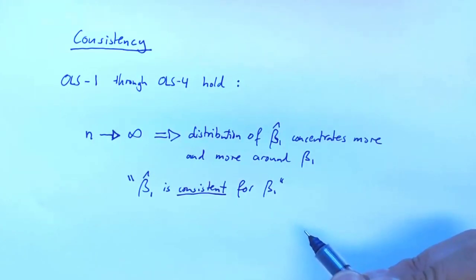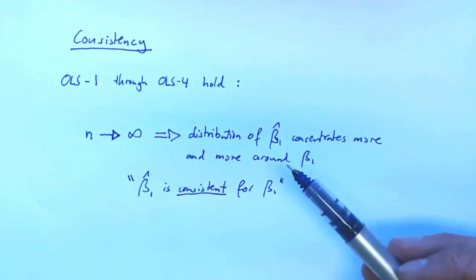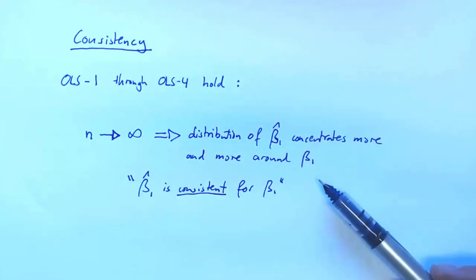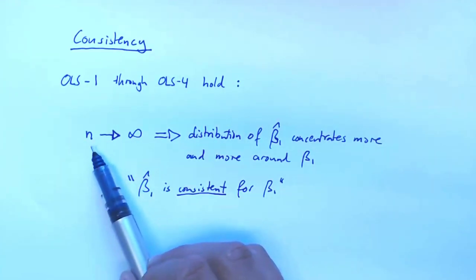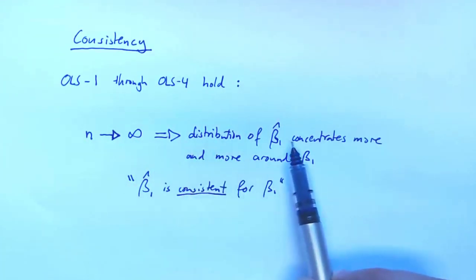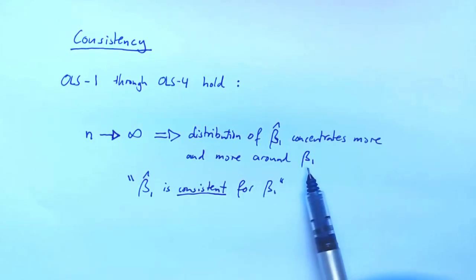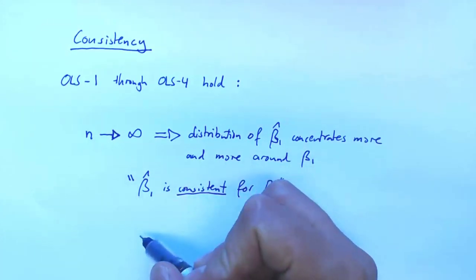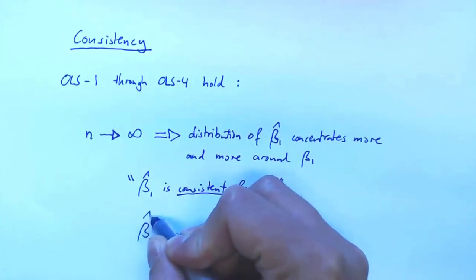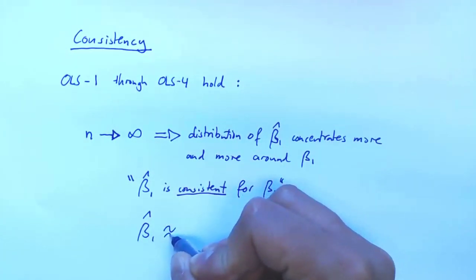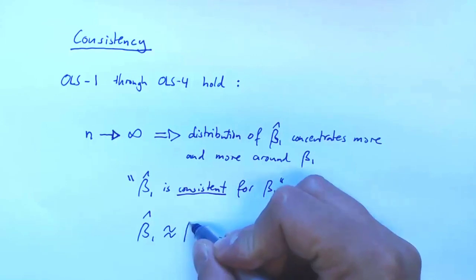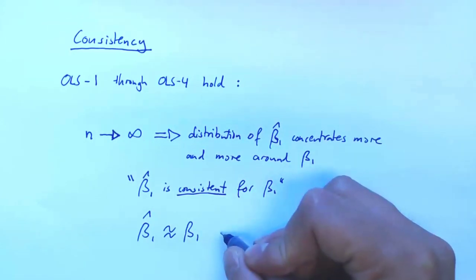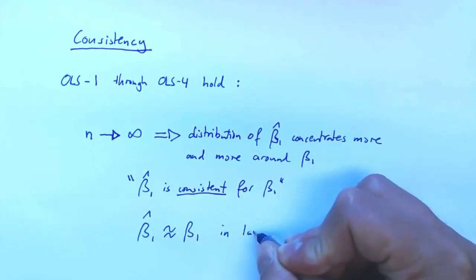We can be a little imprecise, but basically what this means is, if we choose our sample size very, very large, then this process has progressed very far. So that means that we are very, very tightly concentrated around the true value. And that means we can, for all intents and purposes, assume that beta 1 hat is practically equal to beta 1 if the sample is very large.